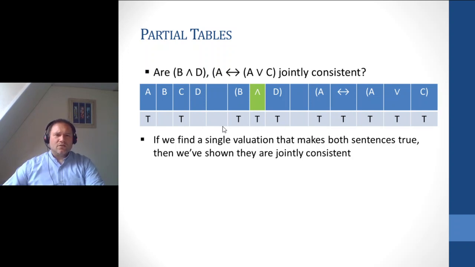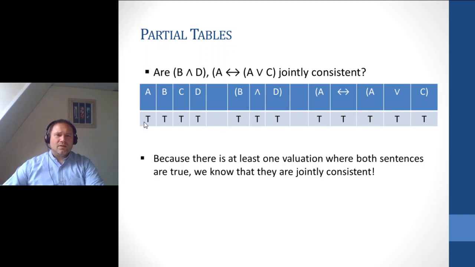So what's a valuation then that makes both of these sentences true and that shows they're jointly consistent? If we assign true to A, B, C, and D. We now know this valuation makes both of our complex sentences true and hence shows that they're jointly consistent. Because there's at least one valuation where they're both true, they're jointly consistent.